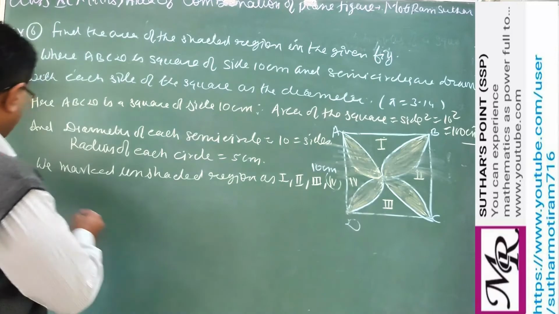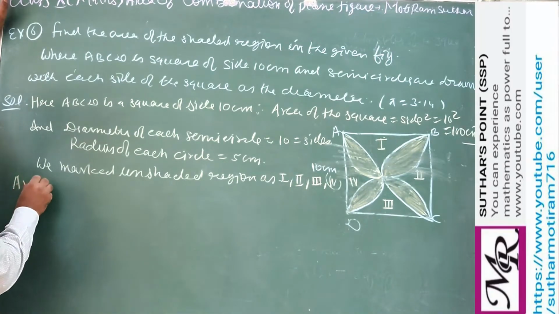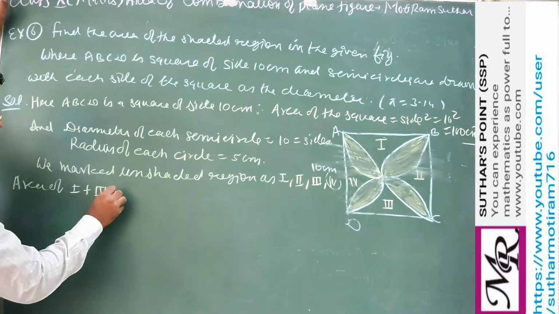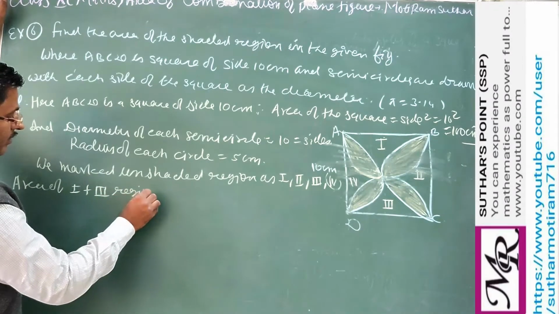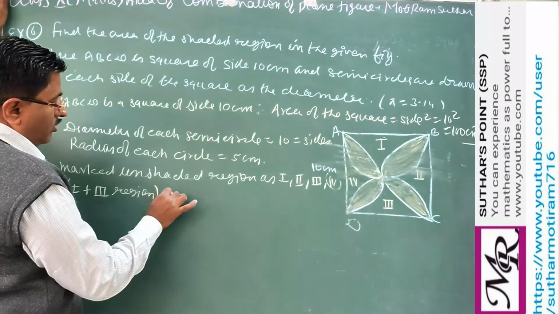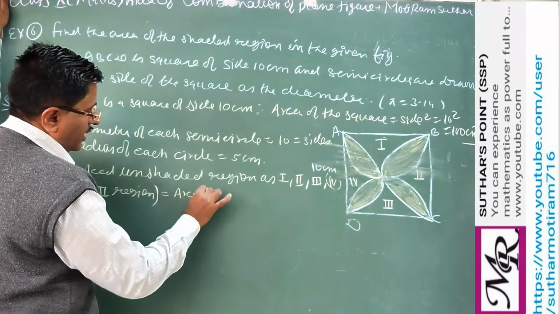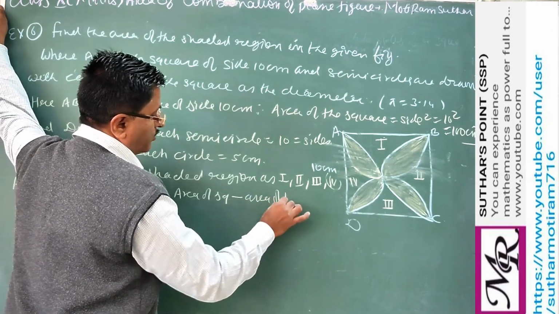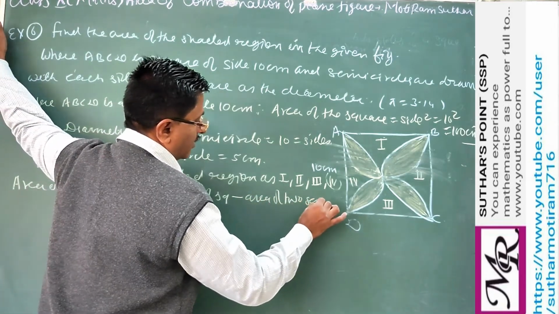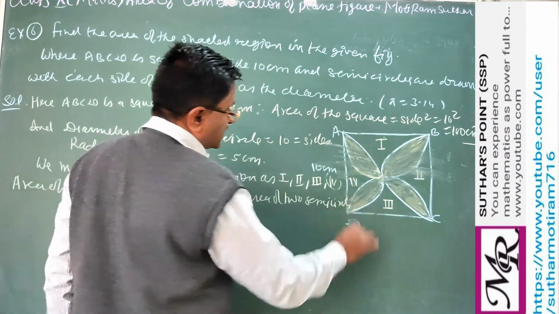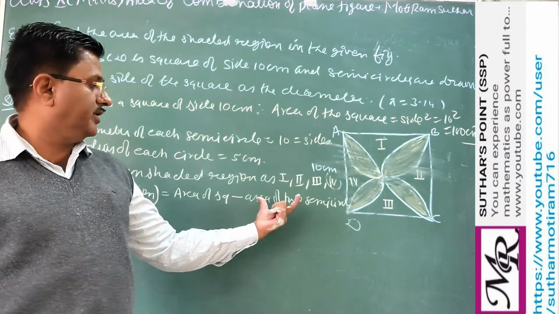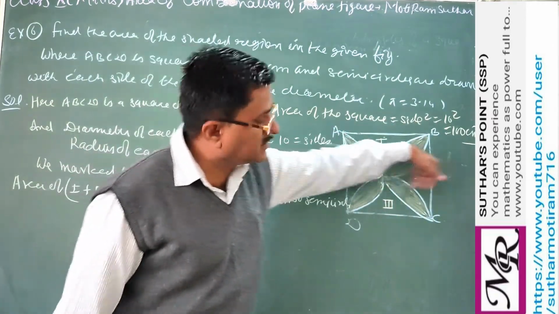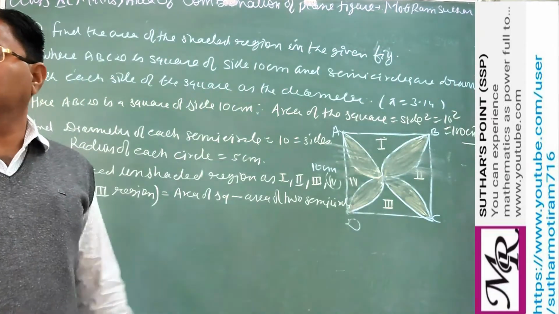So you can write here, area of first and third region is equal to area of square minus area of two semicircles, because all semicircles are the same. That's why only two semicircles are written. Area of the whole square minus two semicircles.